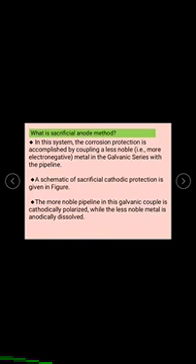Means the pipeline is converted into a cathode by connecting it with the more active metal. Here, when we take a buried iron or steel pipeline, it is connected with magnesium. Here the magnesium is more reactive than the iron or steel.